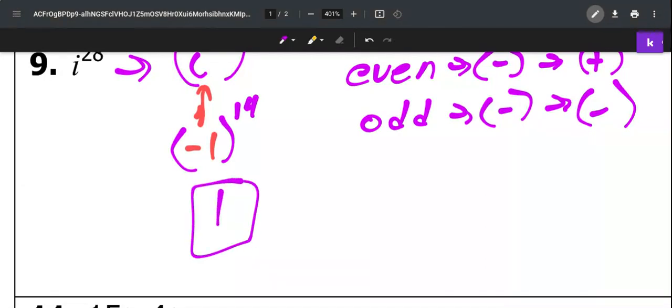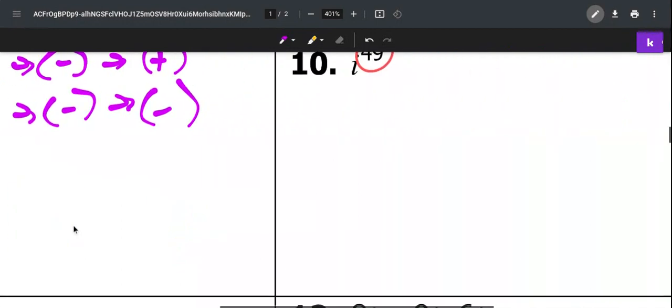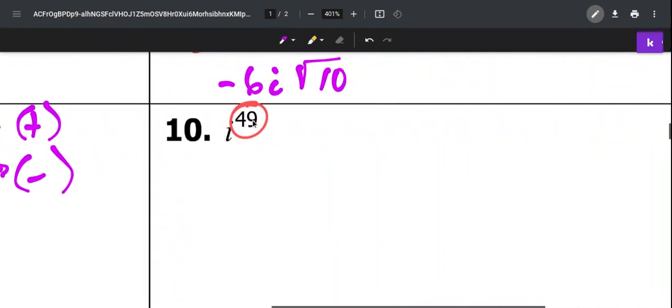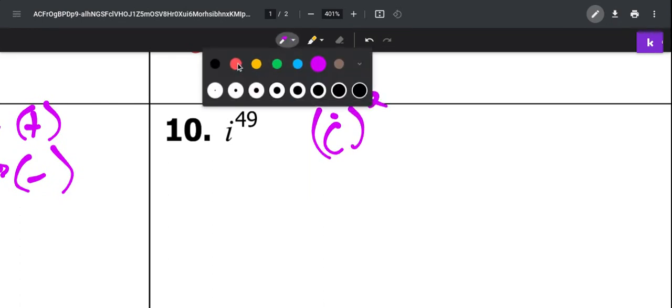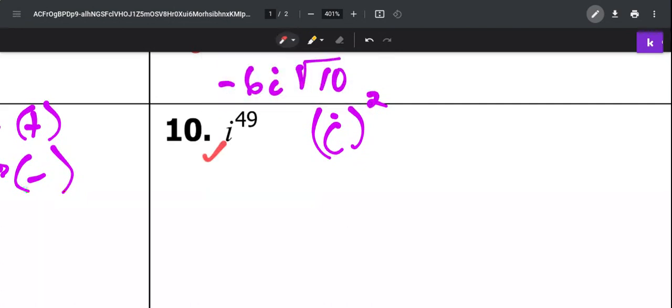All right, now let's look at 10, because we just said 49 is not an even number. What that means is if we tried to take 49 and divide it by 2 and make i squared, we just wouldn't be able to do it unless we do this. We need to break this apart and make it i to the 48th times i.